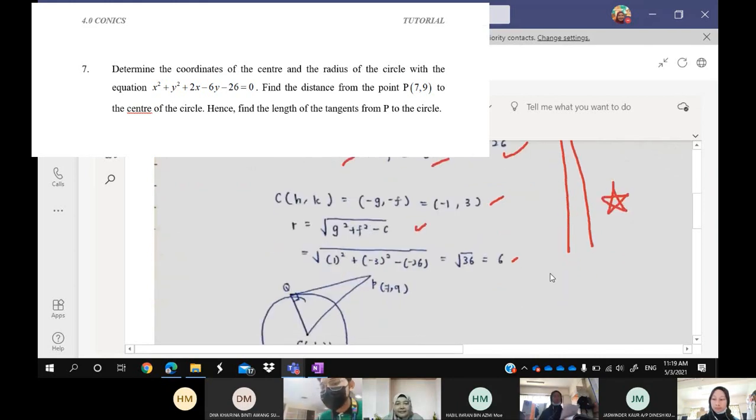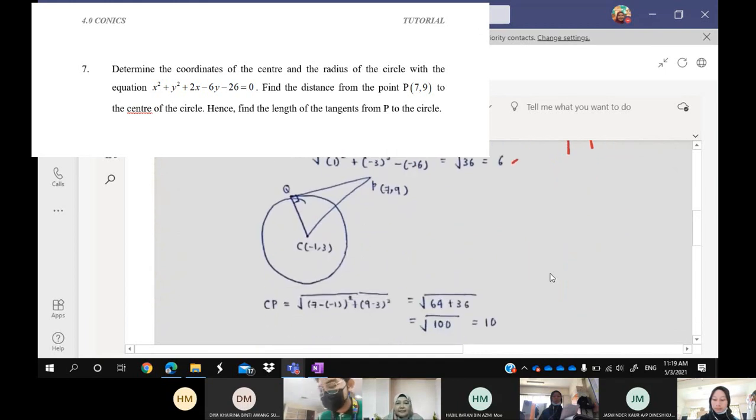Now the question asks to find the tangent. What we can imagine is from the center C to point P, which is (7, 9). To find the length of CP, we use the Pythagoras theorem.